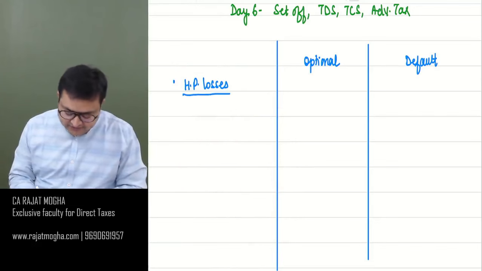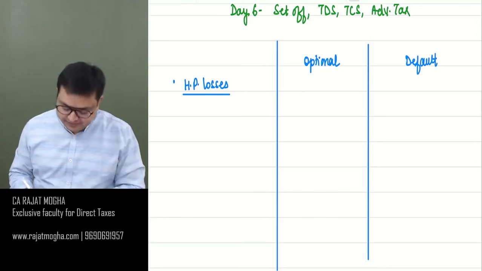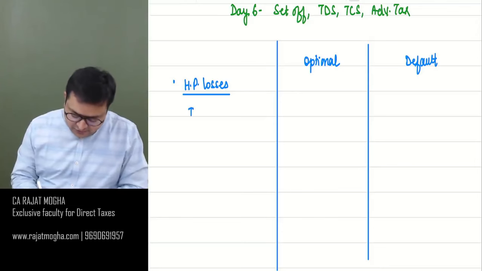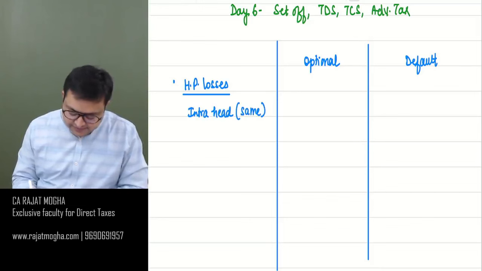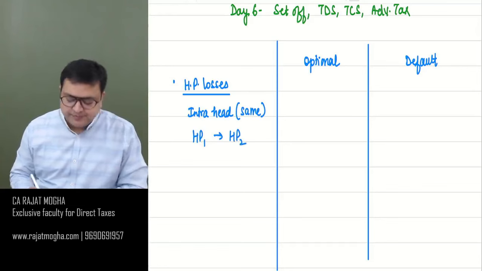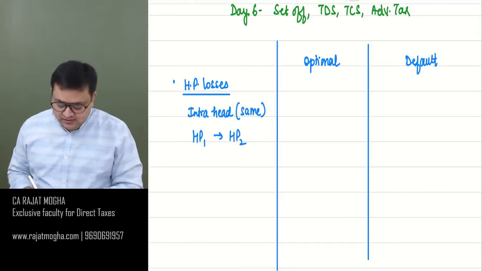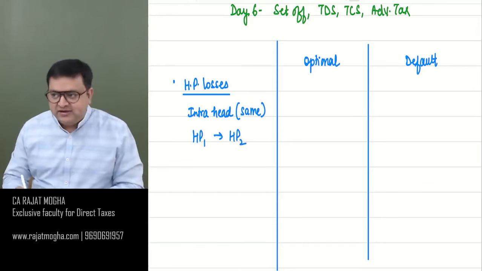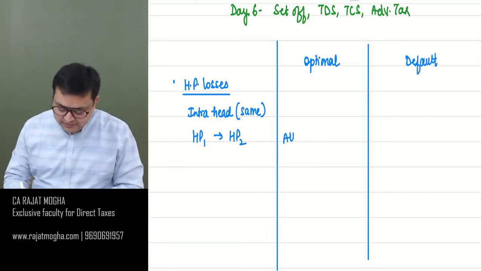I'm talking specifically about house property. If you set off intra head, means same head, that is house property 1 from house property number 2, then you can easily set off, allowed up to any limit.